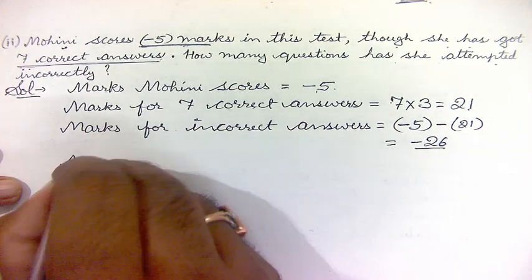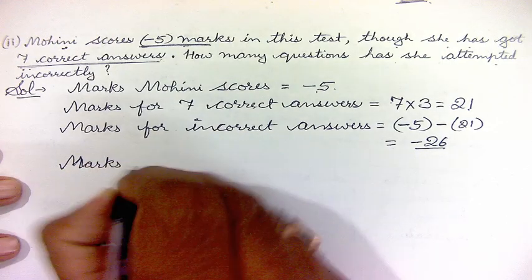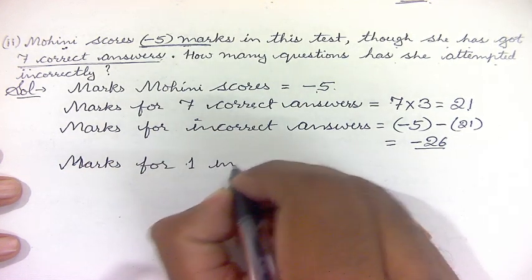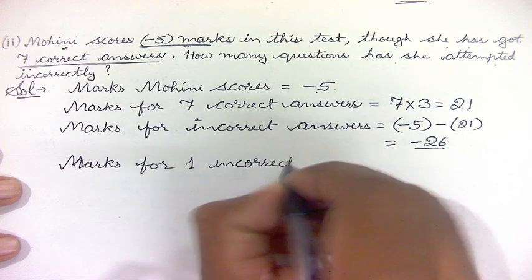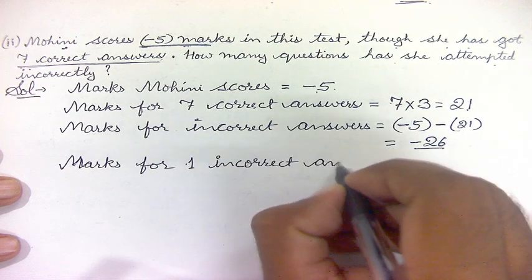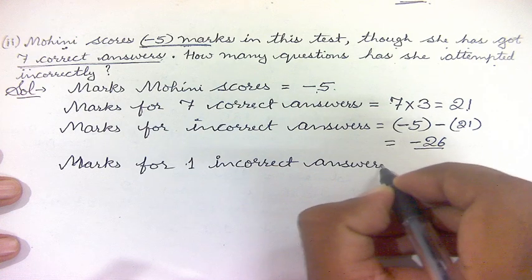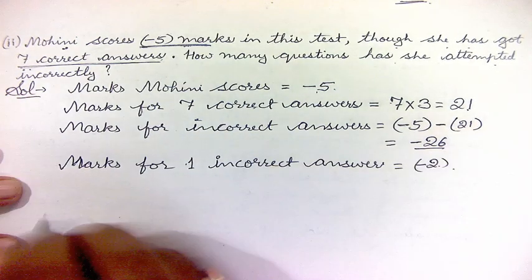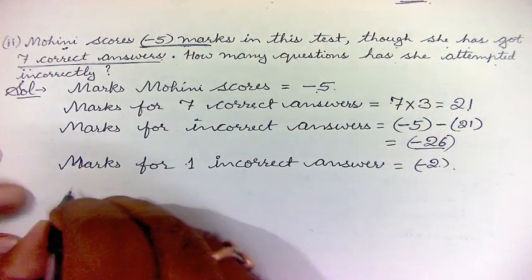And what is the marks for one incorrect answer? If one answer is incorrect, how many marks are given? -2 are given, but she is getting -26.